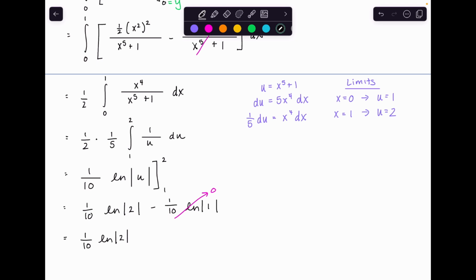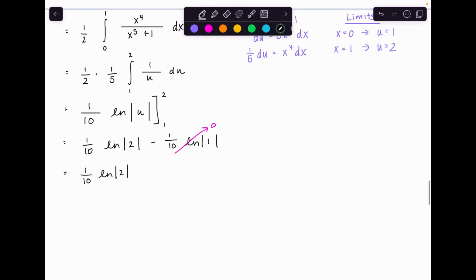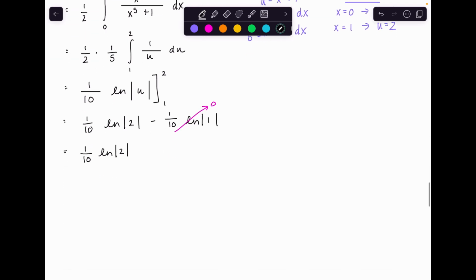All right, let's try another one. Again, drawing pictures is pretty much necessary for these, and when we're about to get to triple integrals, same thing.